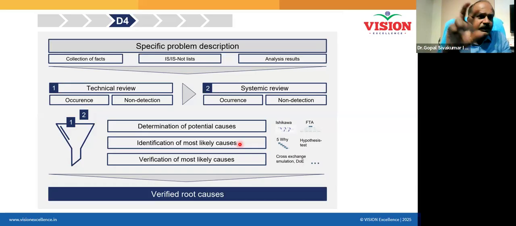For every factor, I have to give a number, and we will have some rule. If the impact is found to be high, we give a score of 9. If it is moderate, we give a score of 6. If it is very weak, we give a score of 3.